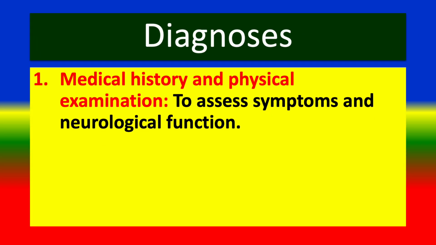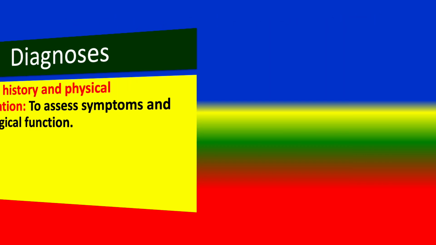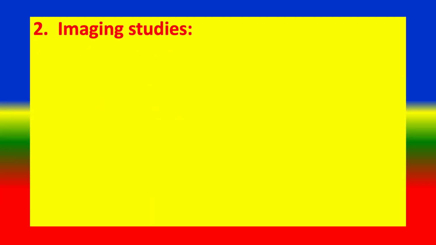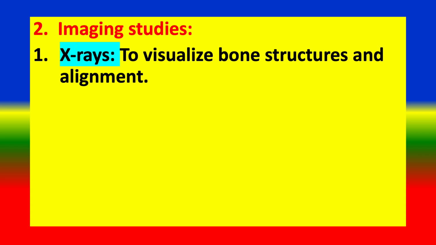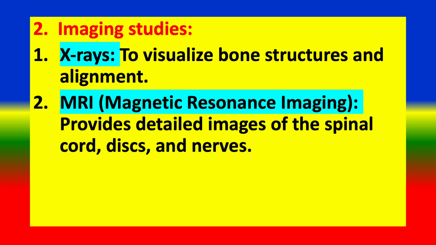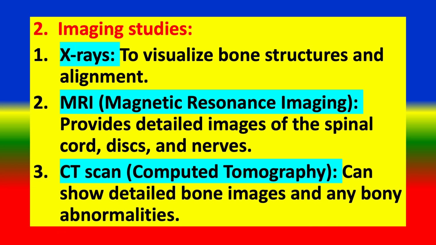Diagnosis. 1. Medical history and physical examination to assess the symptoms and neurological function. 2. Imaging studies. 1. X-ray to visualize bone structure and alignment. 2. MRI, magnetic resonance imaging, provides detailed images of the spinal cord, discs and nerves. 3.